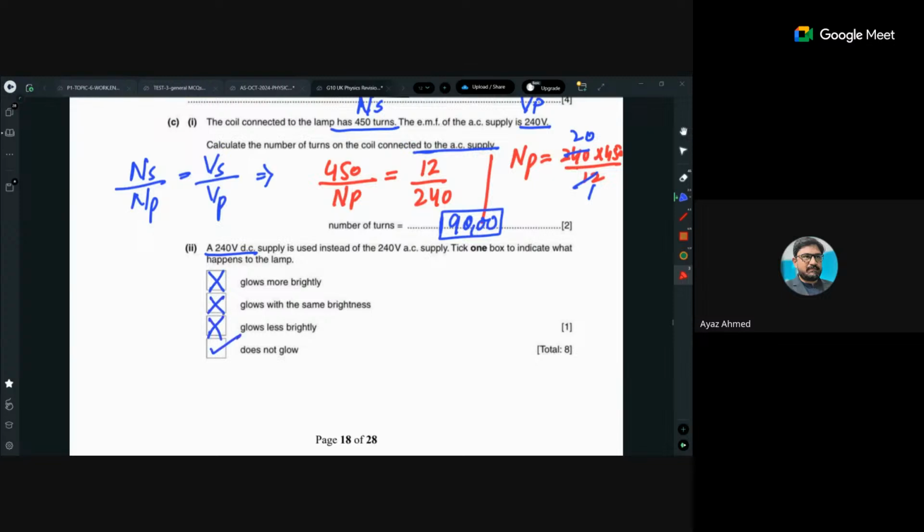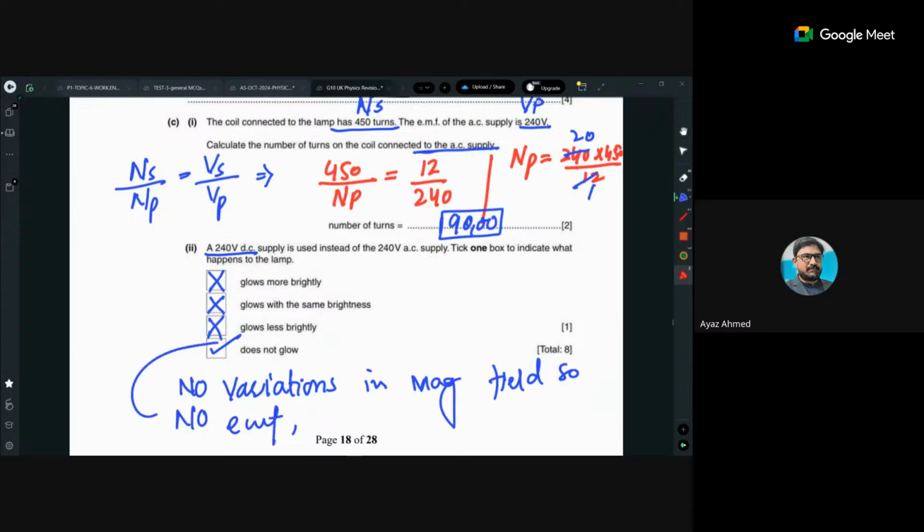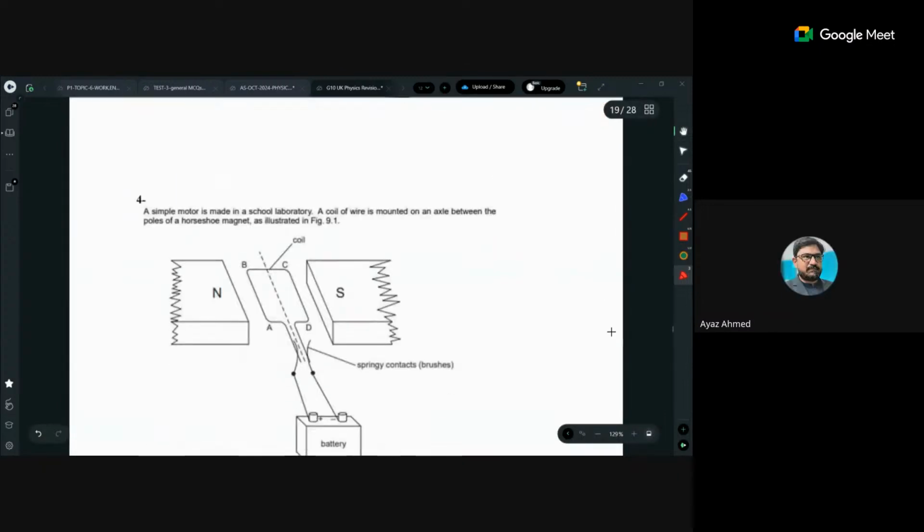This is correct: nothing happens. I'm explaining it for you because there is no variation in the magnetic field, so no EMF, right? So no EMF, the lamp does not glow. Got it.